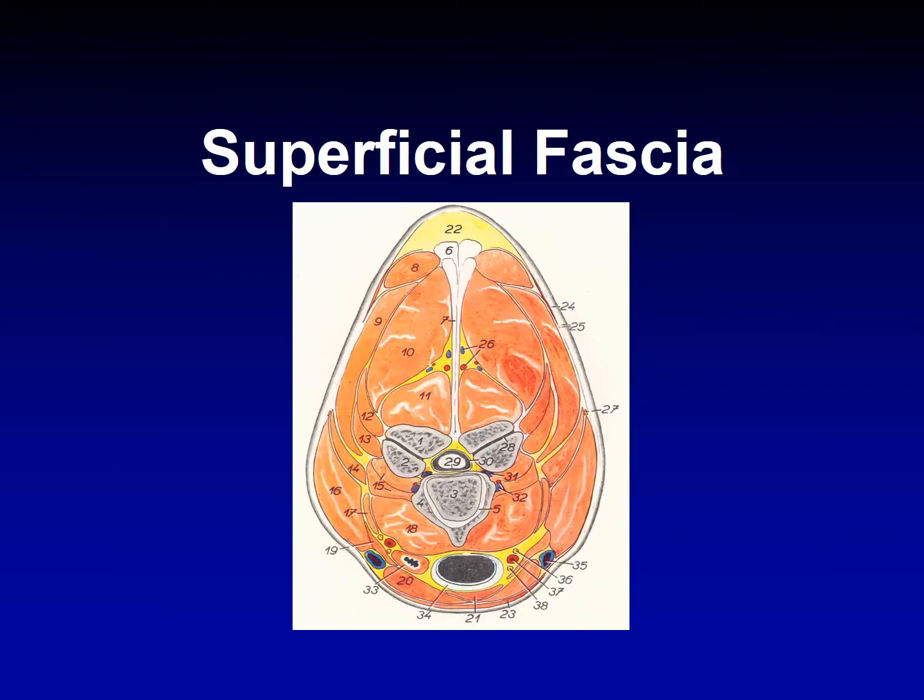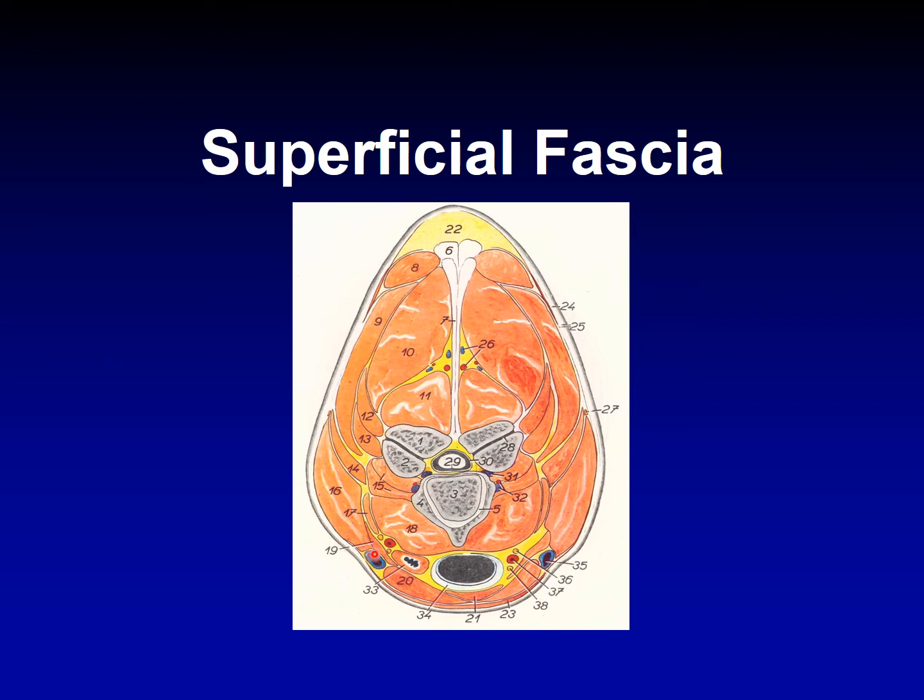Now, let's talk about the superficial fascia. The superficial fascia is basically loose connective tissue that wraps around the muscles. You can see it here between the muscles in yellow, all between the muscles, and it also wraps around the jugular groove.